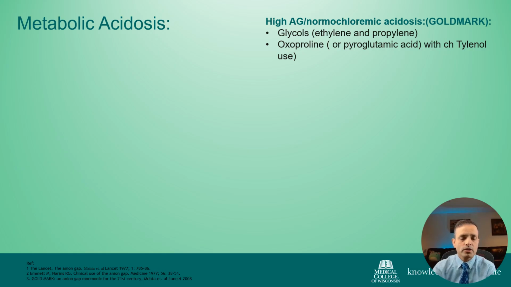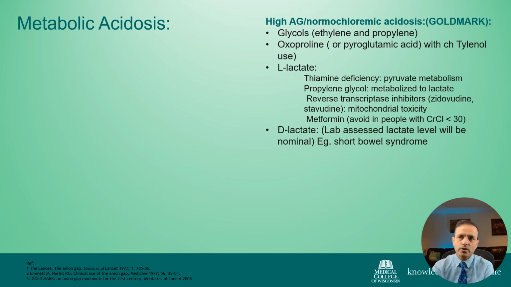So classic nursing home patient whose Tylenol level is negative, but they can still get something called pyroglutamic acid, which can result in formation of oxoproline, resulting in anion gap acidosis. Then lactic acidosis, both L-lactate and D-lactate. D-lactate is classic for short bowel syndrome; the lab usually assesses L-lactate, and we have to ask the lab to measure D-lactate if you have a high clinical suspicion.